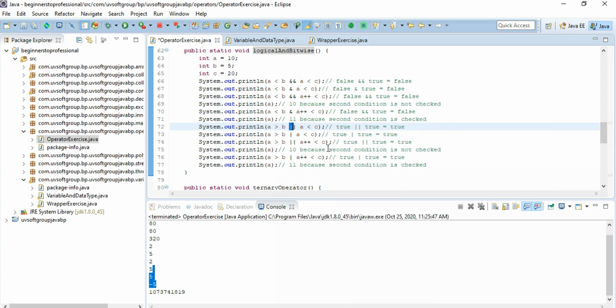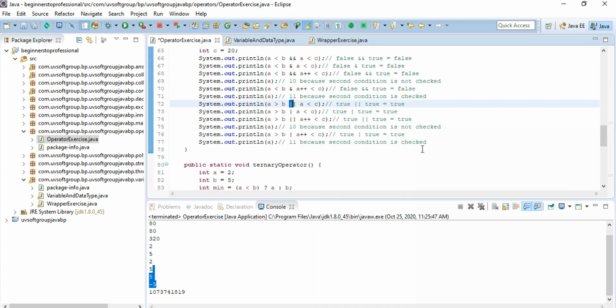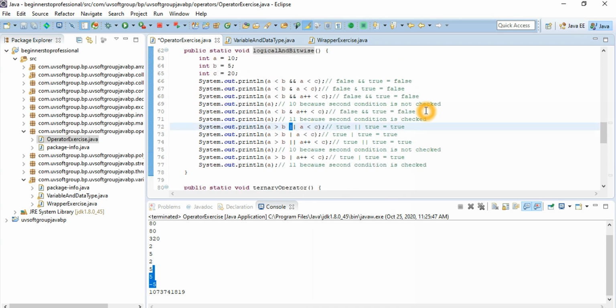So that's the impact you need to remember and understand for the logical AND operator versus the bitwise AND operator, and the logical OR operator versus the bitwise OR operator. These are two different operators. You need to picture it clearly and understand how it works. That means in one case it only checks the logical operator, and the first condition determines whether the second condition is checked.